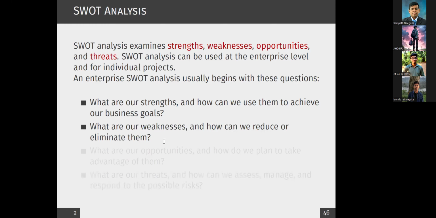What are the weaknesses? One thing we can think about is that the university is located far away from Colombo. That could be a weakness because a lot of things happen around the city, which might be problematic.